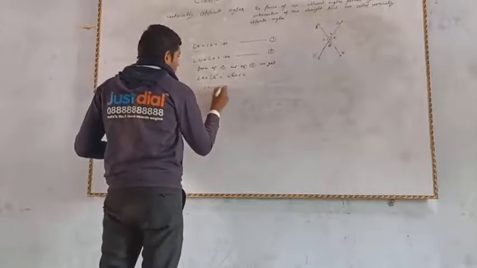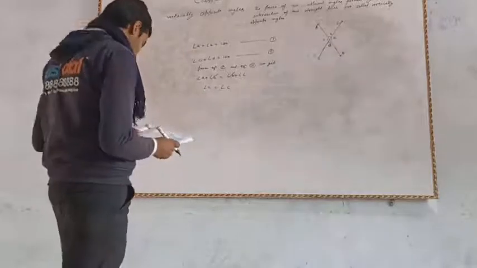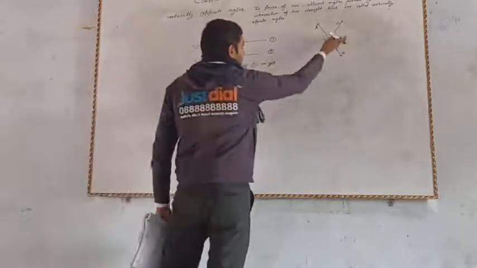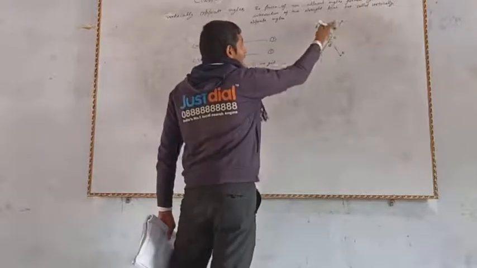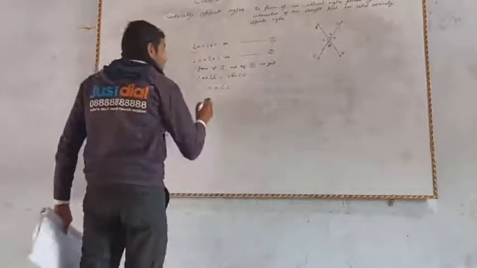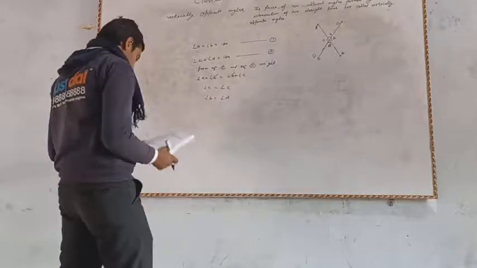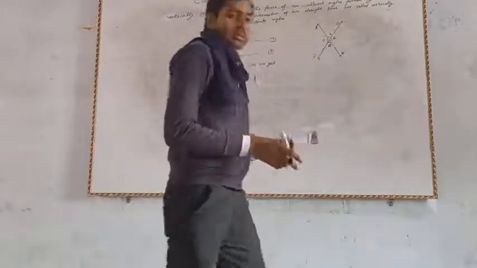So angle A is equal to angle C. In the same way, angle B is equal to angle D. So that is vertically opposite angles.